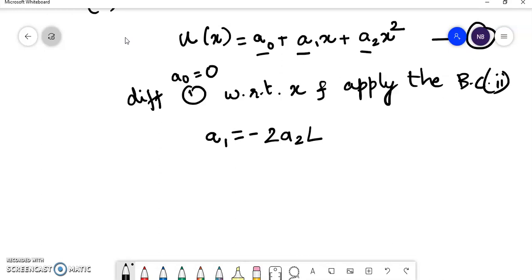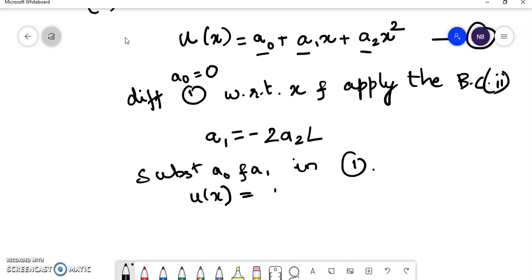Now substituting the values of a0 and a1 in equation 1 we get u of x equals a2 into x square minus 2Lx.